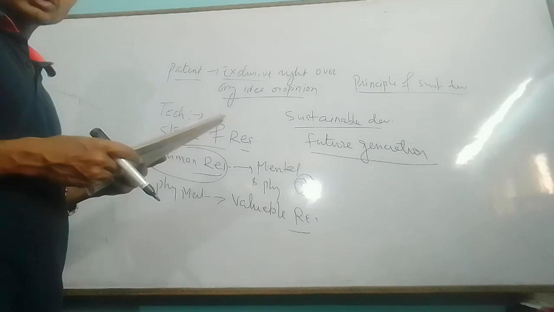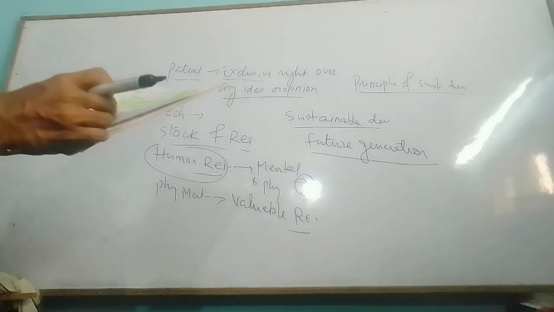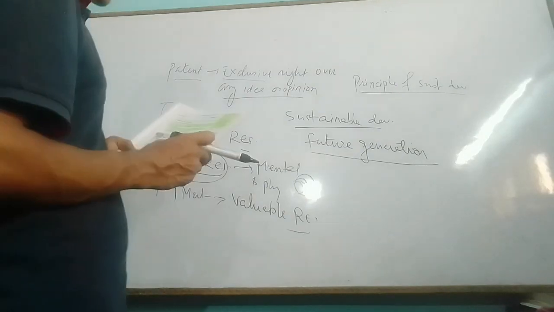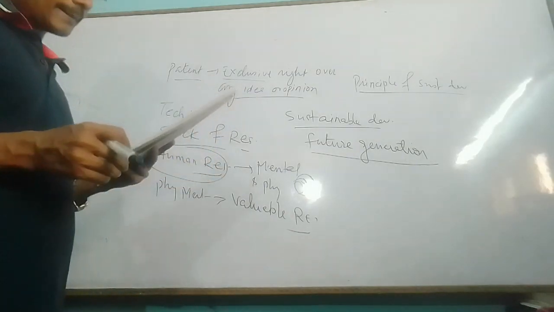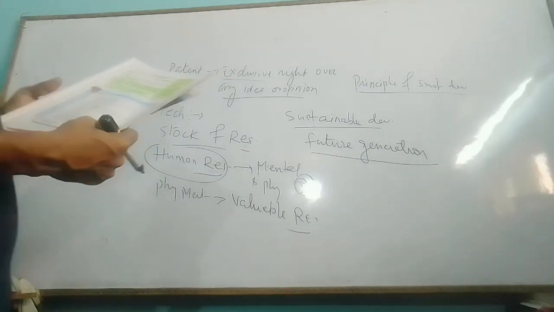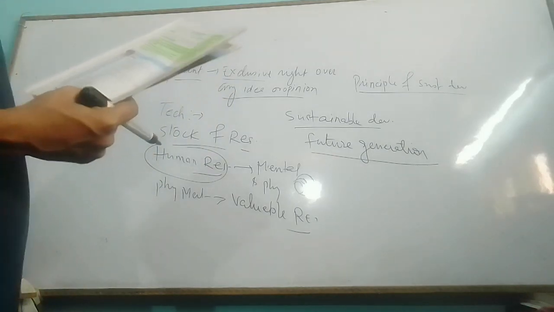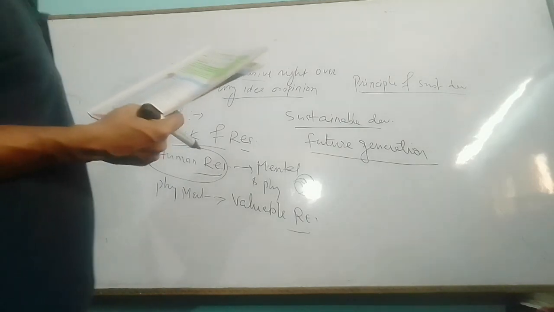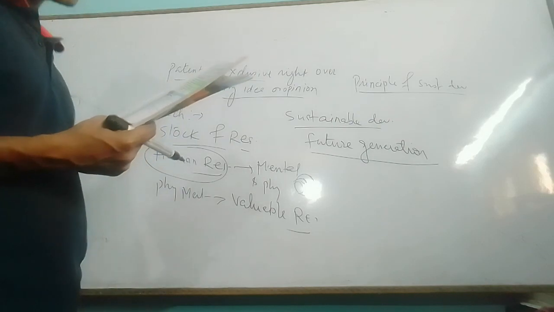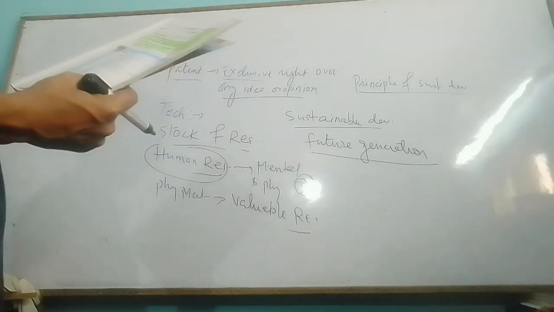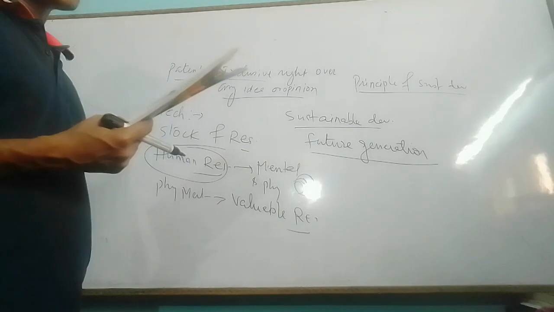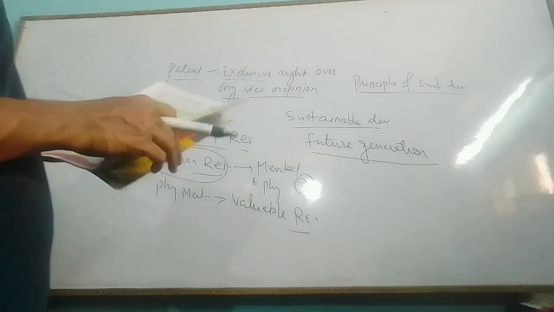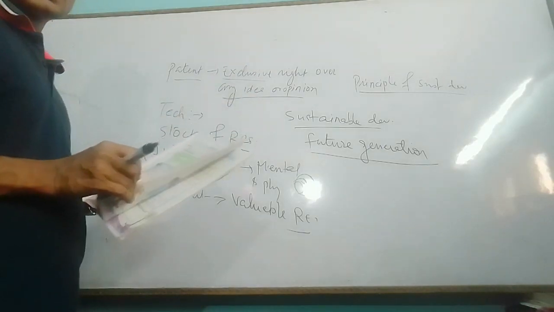So these are some principles of sustainable development: respect and care for all forms of life, improve the quality of human life, conserve the earth's vitality and diversity, minimize the depletion of natural resources, change personal attitudes and practices towards the environment, enable community to care for their own environment.